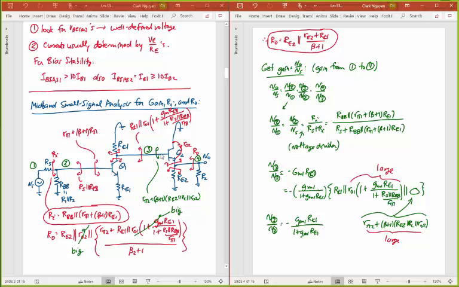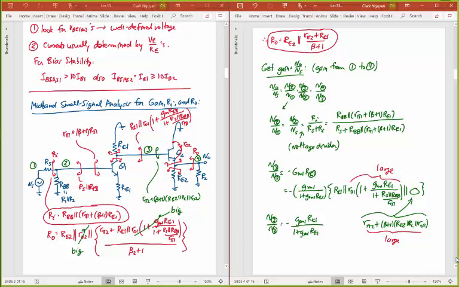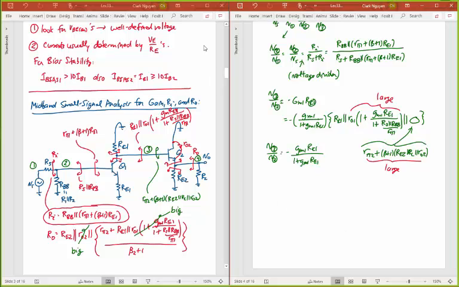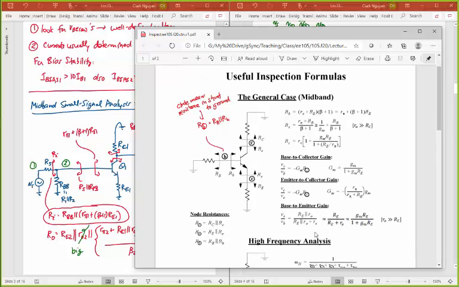Now I need the gain from 3 to 4. And so I guess I will do that in brown color here. And so just looking at this circuit from 3 to 4, this is now base to emitter gain. And from our inspection analysis formula, which we derived last time, right?